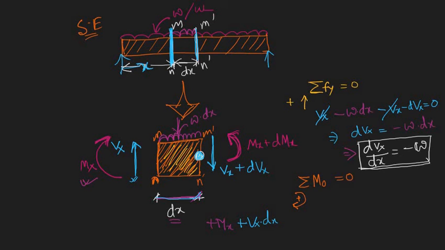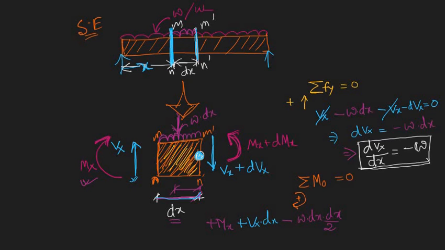Now about the UDL, this is creating some anti-clockwise rotation, so minus w times dx, and it is acting at a distance of dx by 2.